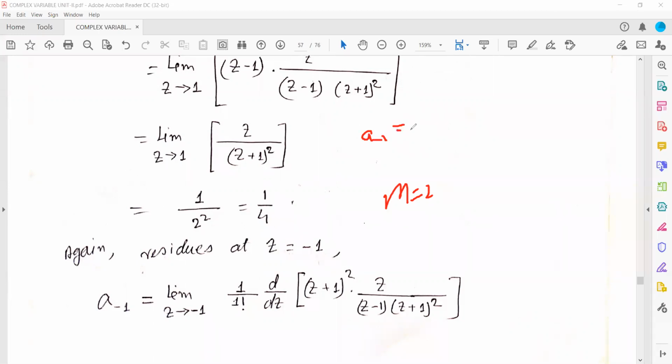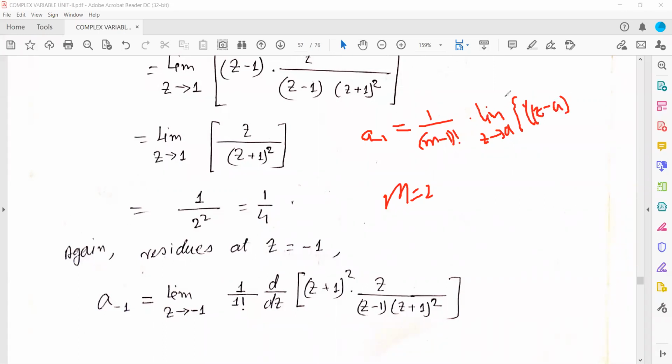The formula is a₋₁ equals 1 upon (m - 1) factorial into limit z tends to a, where a is the pole, of d^(m-1) by dz^(m-1) of (z - a)^m into f(z).